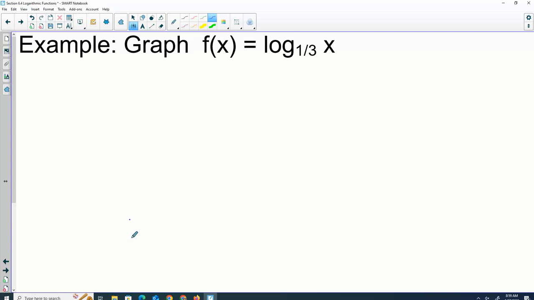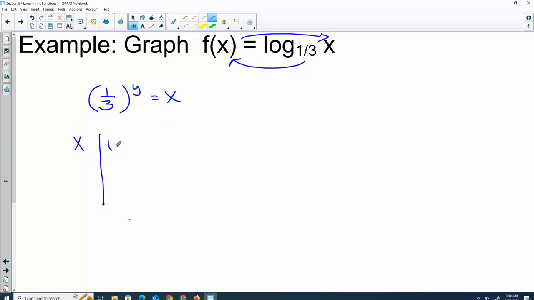So let's graph this one. F of x equals log base 1/3 of x. If I'm going to graph it, we need to rewrite it. F of x is the same as what variable? Y. And to change it to exponential, your definition, this would be 1/3 to the y power equals x.